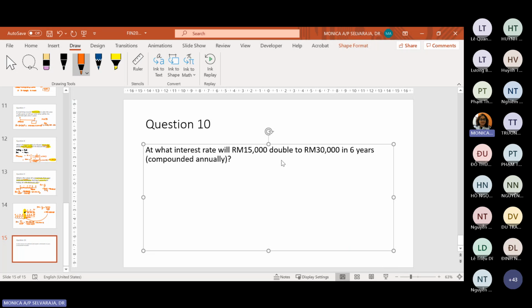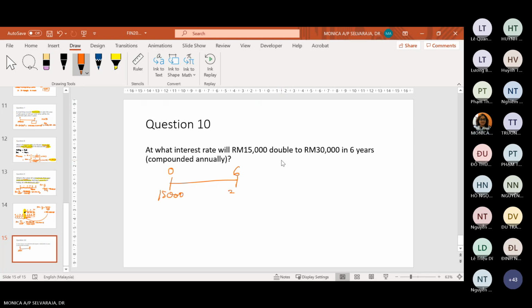So from 15,000 to 30,000, the number of n is 6. So what is the interest rate?